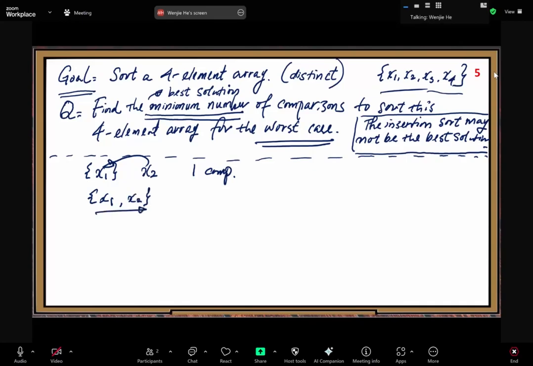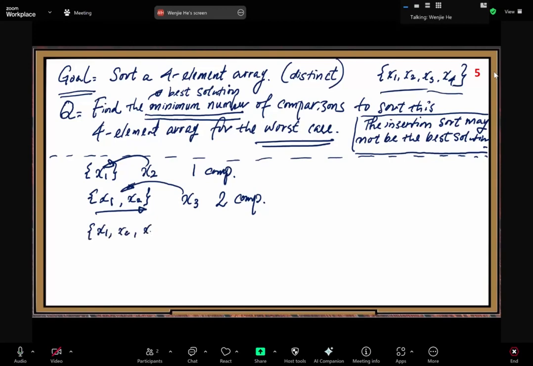After that one comparison, we can get this small array ordered, right? The next step, we need to insert x3 at some appropriate location. For the worst case, we need two comparisons. So after the two comparisons, we can get these three elements ordered.